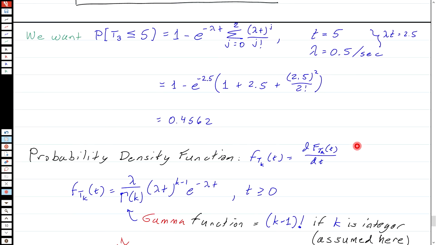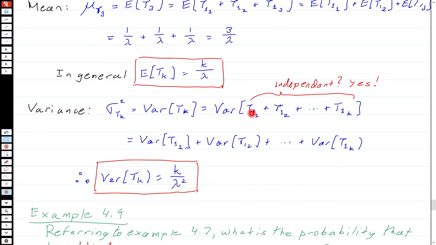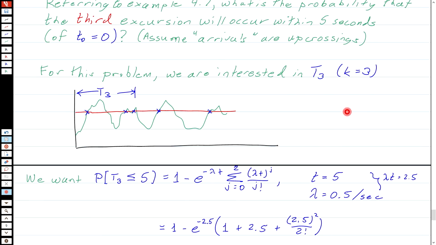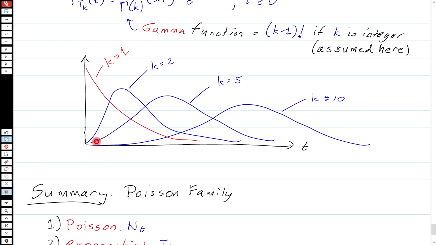This T_k is a sum of random variables: T_k is T_1 plus T_1 up to T_1, k terms, and as the number of these terms gets bigger, the distribution becomes more and more like a normal distribution. We can see that here. When k is 2, it looks a little bit like a normal, but it's skewed to the right. Whereas when k is 10, it looks pretty much like a symmetric bell-shaped curve.